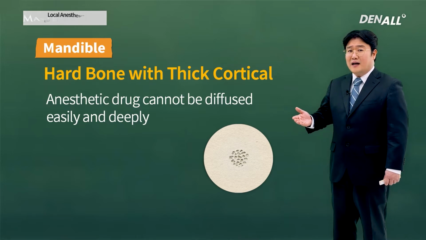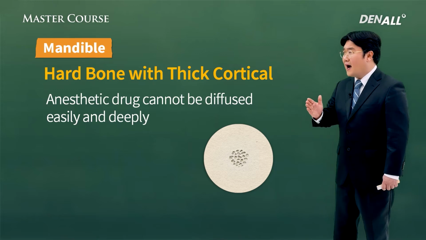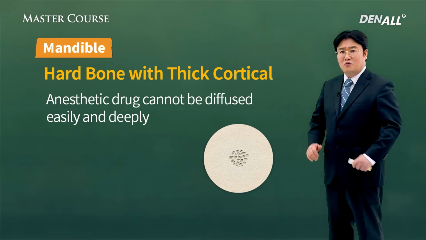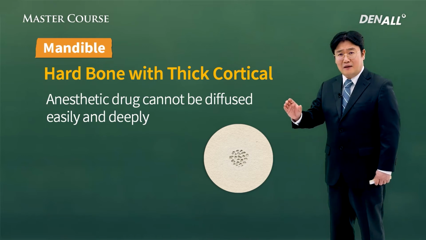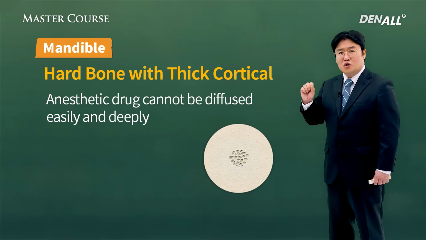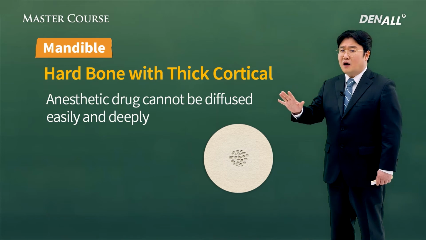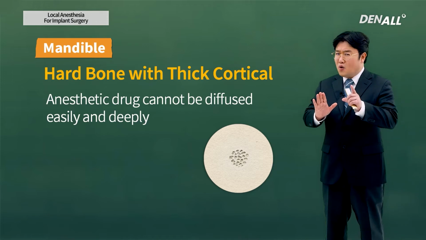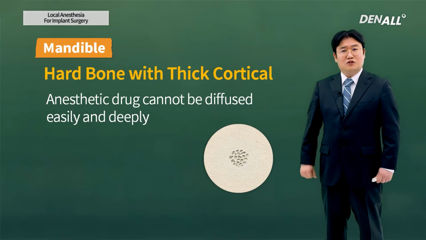Because of that, the anesthetic drug cannot be diffused easily or deeply compared to the maxilla. Because it's hard bone, the drug cannot be infused deeply. Infiltration anesthesia in the mandible can be a little bit more challenging than in the maxilla, as you can guess.